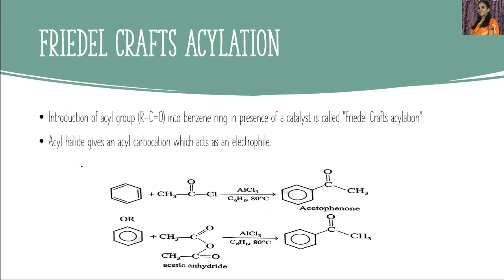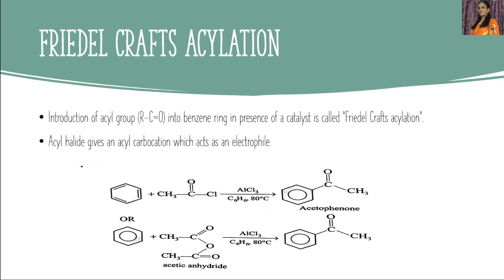So from acetic acid, water is removed. So this acetic anhydride can also be used as a reagent in the Friedel-Crafts acylation reaction. Instead of acetyl chloride, if we use acetic anhydride, then also this acetyl group gets introduced onto the benzene ring to form acetophenone as the product. And this reaction also takes place in presence of anhydrous AlCl3 as a catalyst.